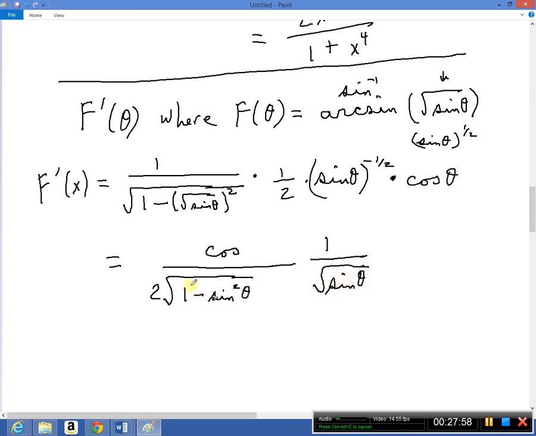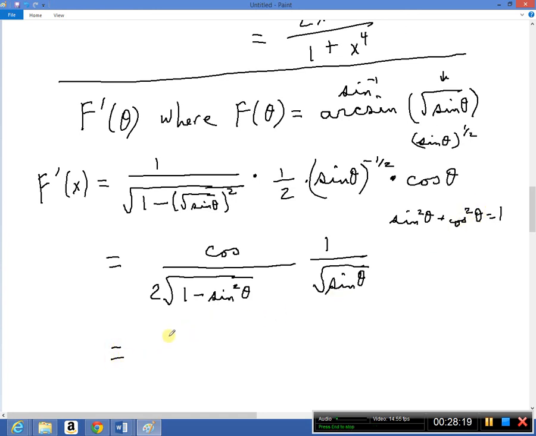Okay, but I've seen 1 minus sine squared before. That's an identity that all of you should know, because sine squared plus cosine squared of anything equals 1. And therefore, 1 minus sine squared is cosine squared.